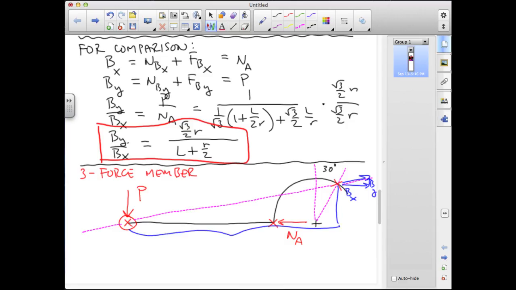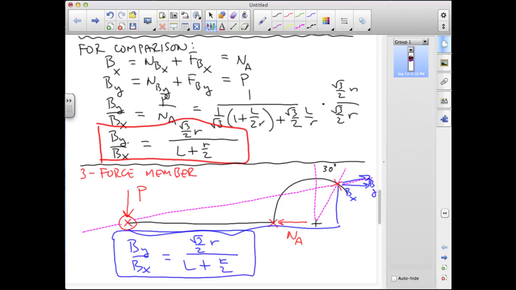Well, at an angle of 30 degrees off the vertical, that rise in blue is root 3 over 2 times R. It's cosine 30 times the radius. And in BX, it's L plus R sine 30 degrees, which is L plus R over 2. So recognizing this as a three-force member, I right away get this relative size of BY and BX.